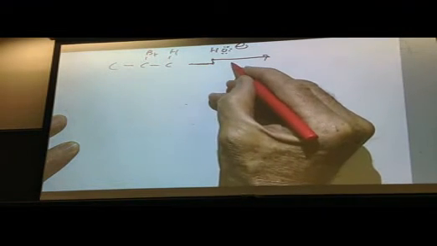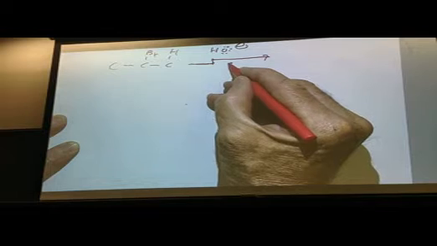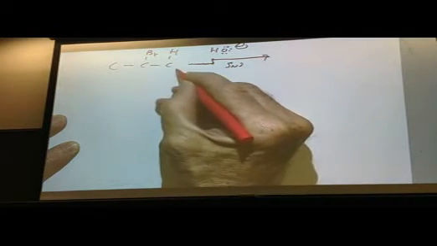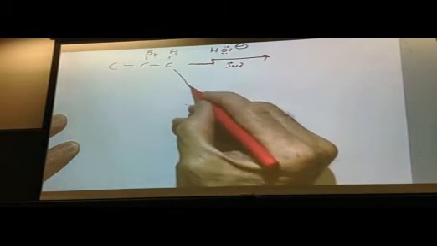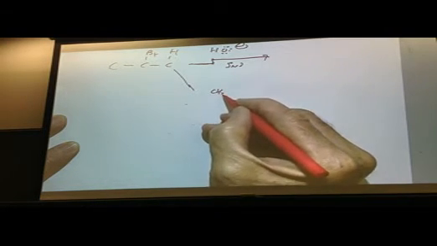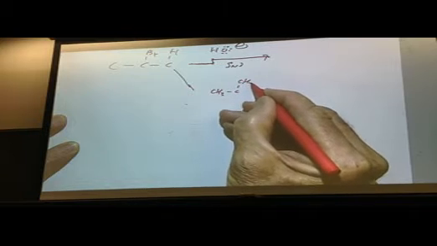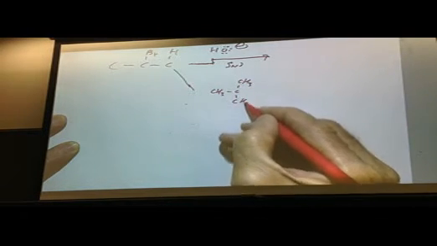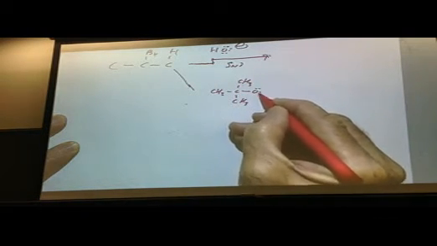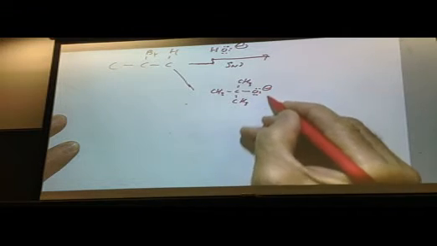That is going to tend to give you substitution. But let's take a huge base, a huge nucleophile base. Let's take this one right here. That is going to tend to give you elimination.